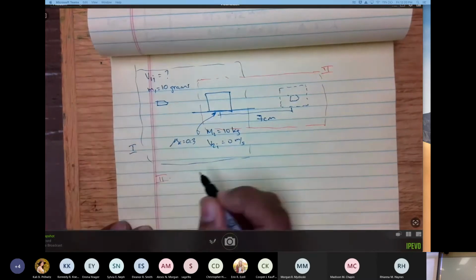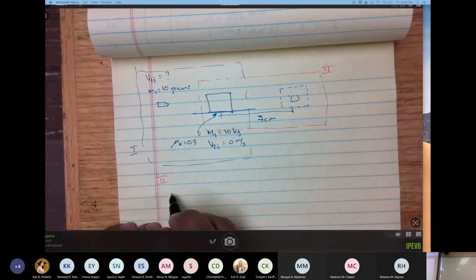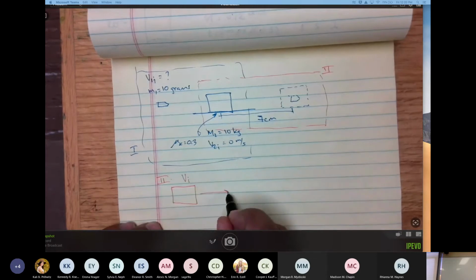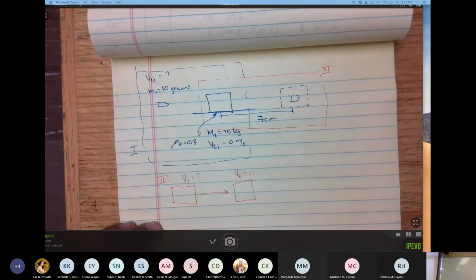And for section 2, you can say, okay, I have a block that has an initial velocity and is moving until it comes to a full stop. So the final velocity is going to be 0. And it's moving 7 centimeters. I'm just moving 7 centimeters.